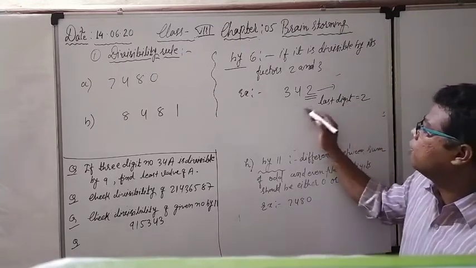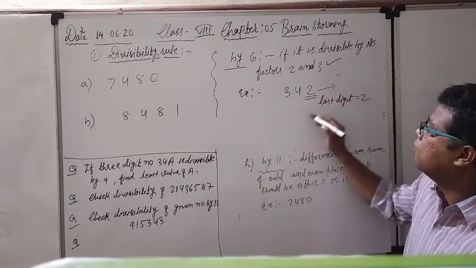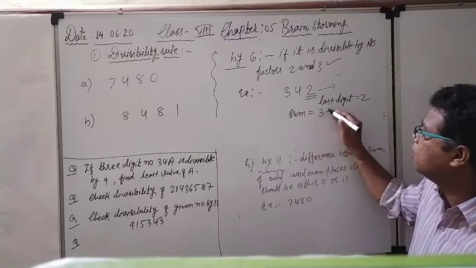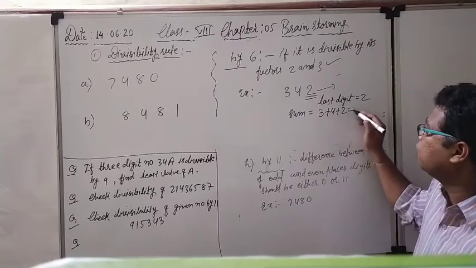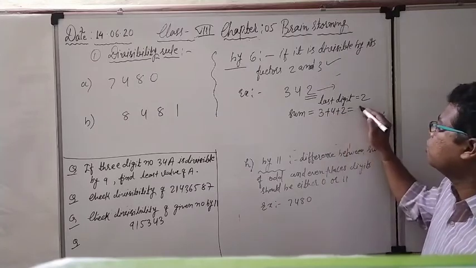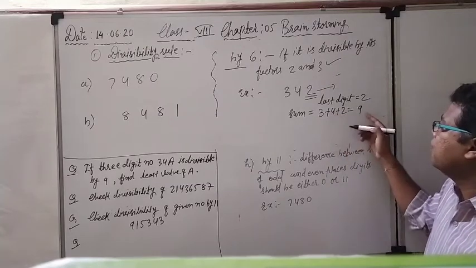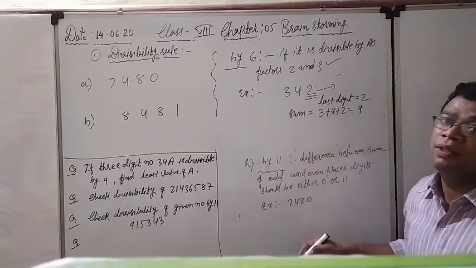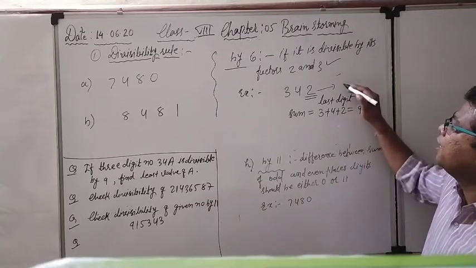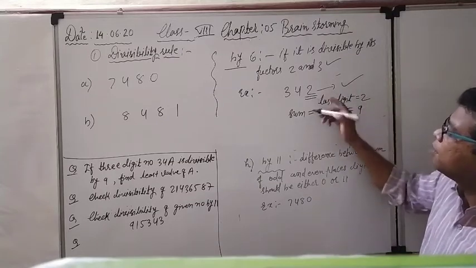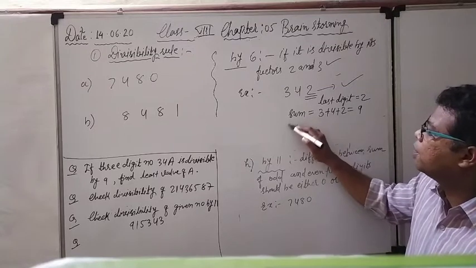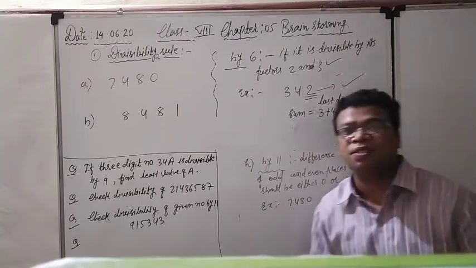Now, for divisibility by 3, we have to find the sum of all the digits: 3 plus 4 plus 3 plus 2. 4 plus 3 is 7, 7 plus 2 is 9. Because the sum is 9, it is divisible by 3 also. So it is divisible by 2 and also by 3. So overall, the number will definitely be divisible by 6.